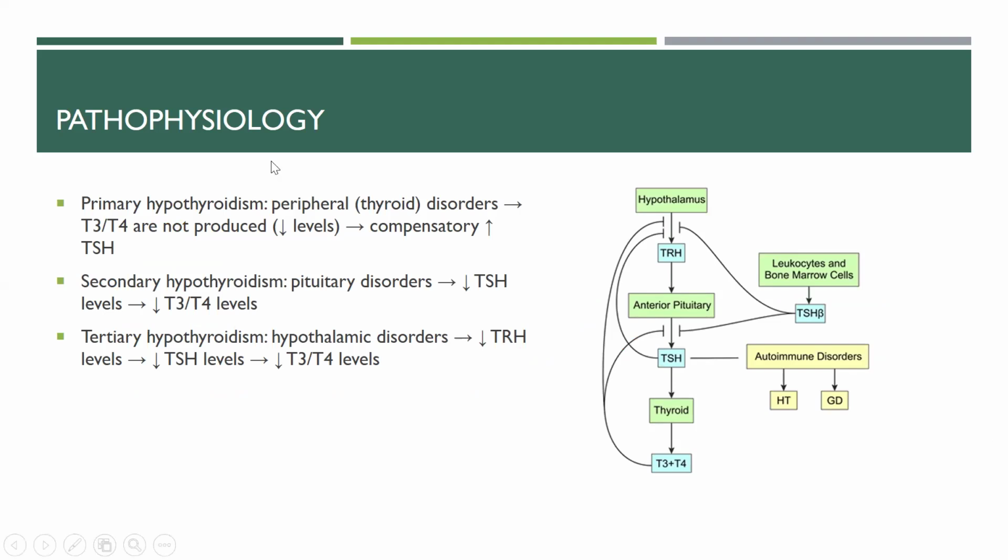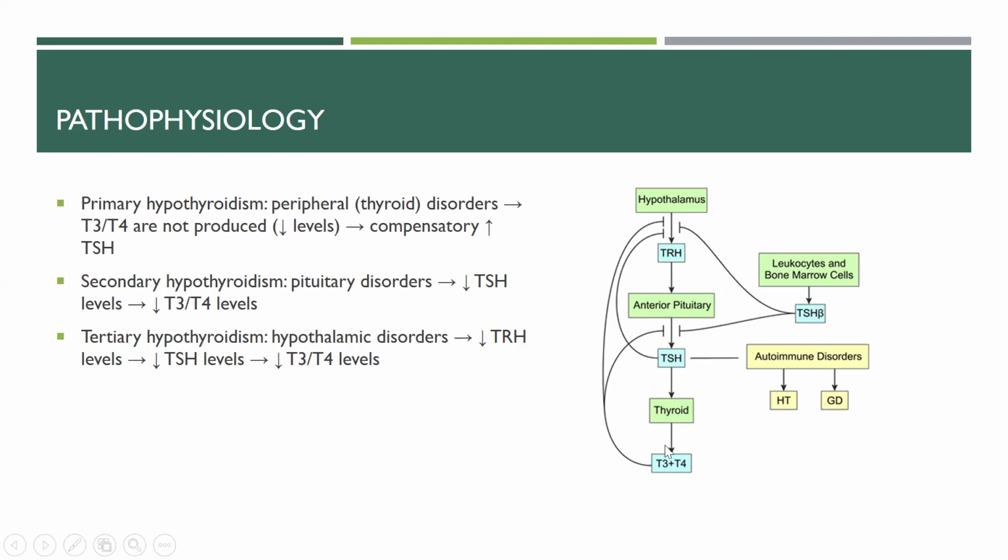So pathophysiology. The primary, secondary, and tertiary, how they normally occur and how they present. Once again, this is the axis: the hypothalamus, anterior pituitary, and the thyroid. These are the organs that are involved, and these are the hormones that you can see here. There's also TSH beta, but we don't normally look at this a lot.